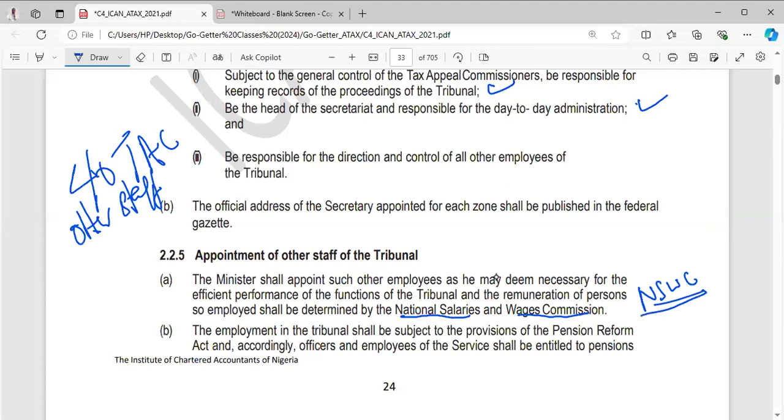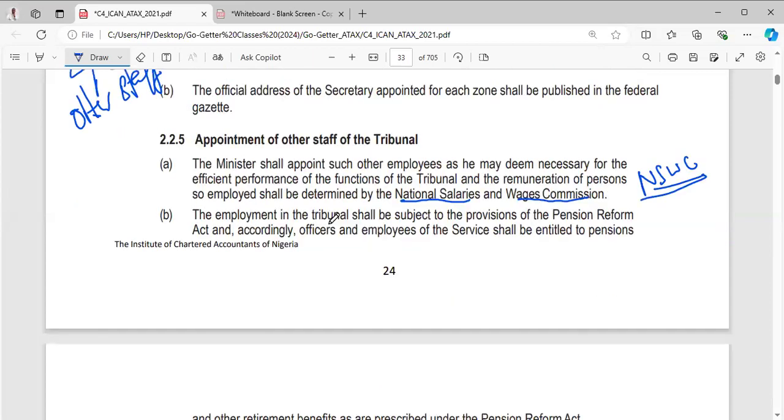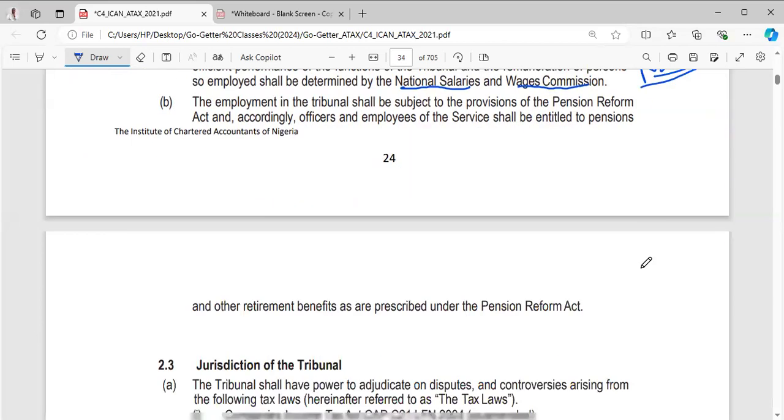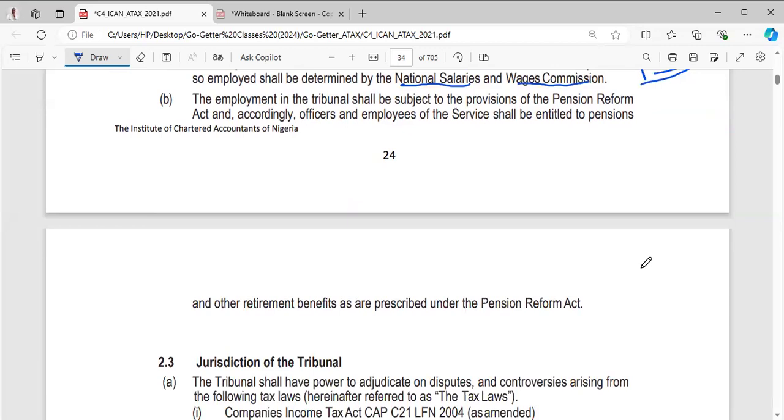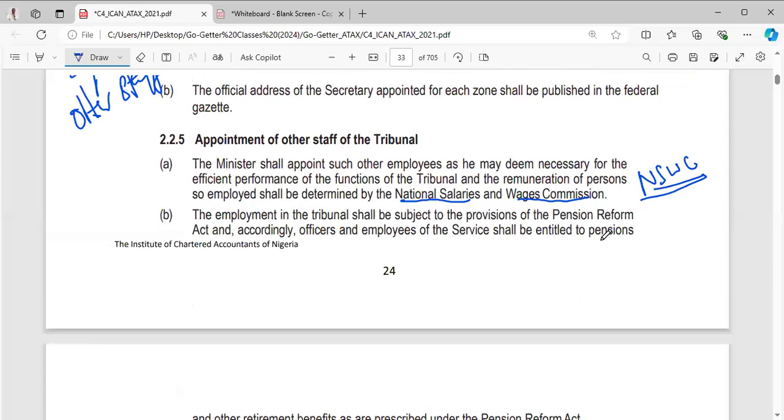The employment of the tribunal shall be subject to the provisions of the Pension Reform Act and other benefits that are given to retirees, so their retirement benefits. So some of these are not as important as some others.